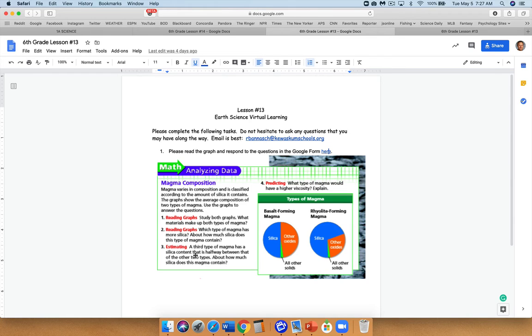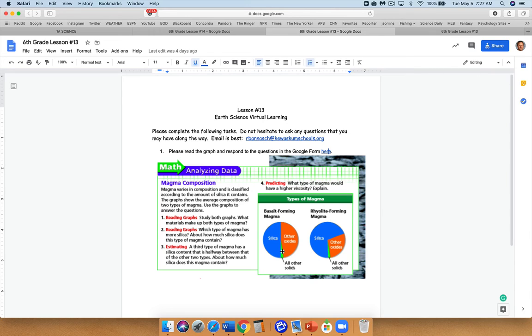Number three, this one was a little bit of a trickier question. It said a third type of magma has silica content that is halfway between that of the two types. How much silica does the magma contain? Well, if we said this one is about 50%, and we said this one is about 70%, if we average the two out to try to figure out where it would be, you take 70 and you take the 50, you add them together, and you end up getting 120.